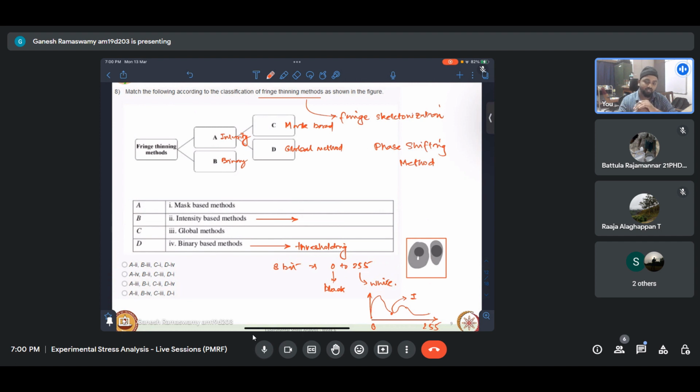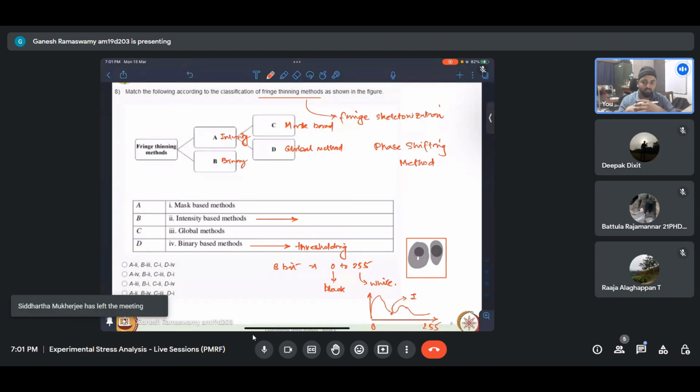Both we will be able to discern by taking multiple images with different configurations of the circular polariscope and doing some mathematical manipulation between those images. Once we do that, we will be able to discern what the fringe order and isoclinic angle at each point are. So these techniques are highly matured and stabilized, and have been in use for quite a number of years. So this is another way to go about photoelastic analysis, which is called phase shifting techniques.